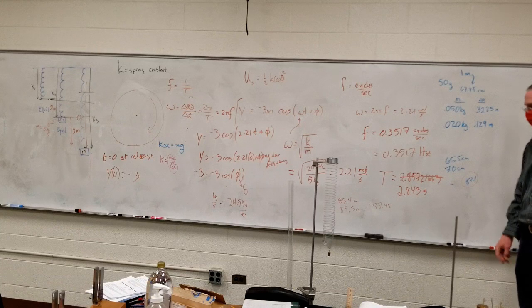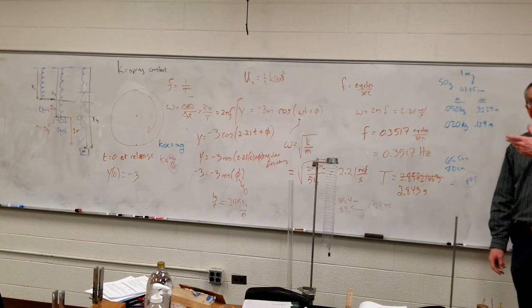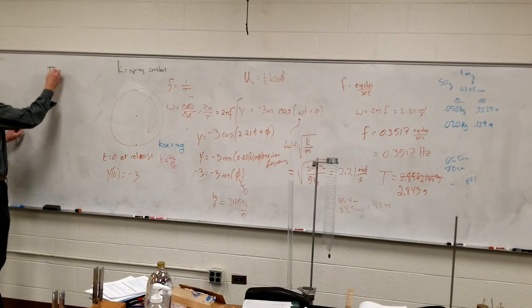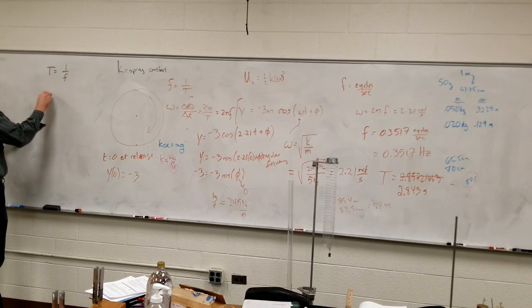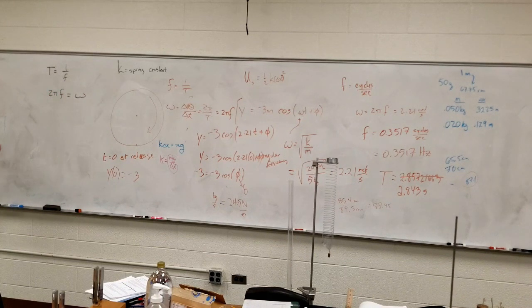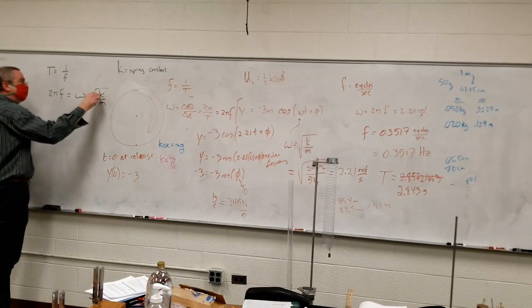So with a 20 gram mass on it, what would we expect the period to be? I know that the period is 1 over the frequency. I know 2 pi times the frequency is equal to the angular frequency, which is also equal to the square root of k over m.